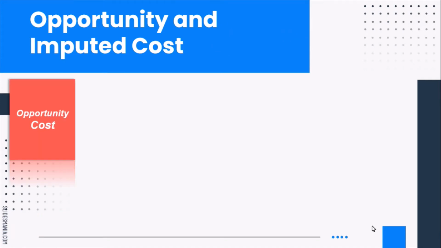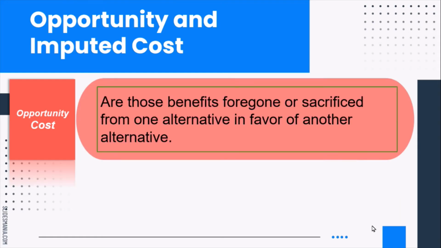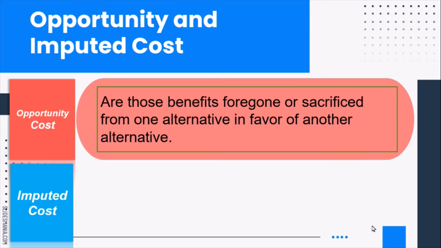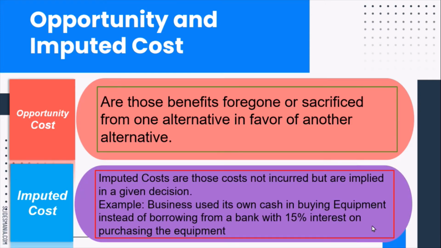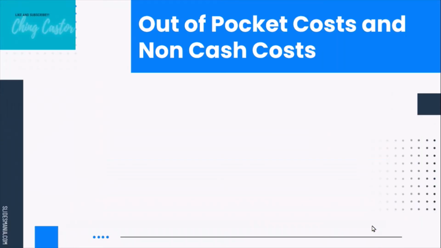Opportunity and imputed costs. So, when we say opportunity costs, they are those benefits forgone or sacrificed from one alternative in favor of another alternative. Imputed costs are costs that are not incurred but are implied in a given decision. So, example, business use its own cash in buying an equipment, instead of borrowing from a bank with 15% interest on purchasing the equipment.